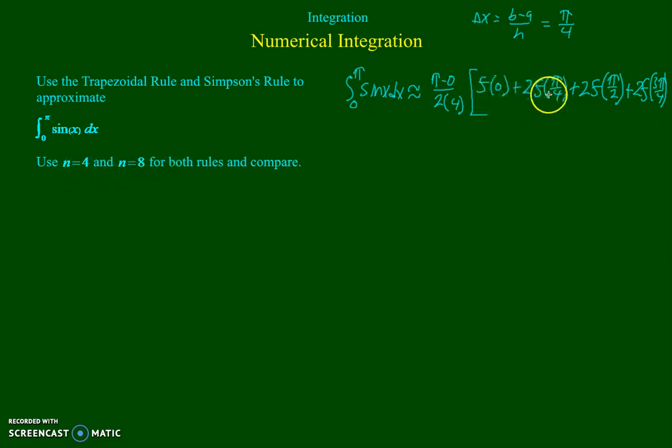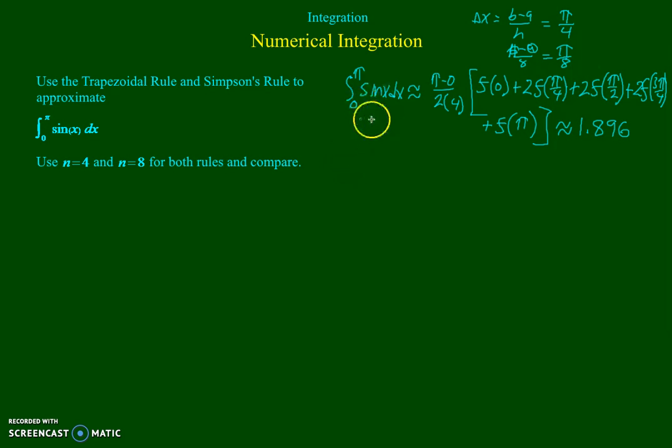So this is 1, 2, 3. We need one more. So the last one isn't going to have this 2 for a coefficient. So it's plus f of pi because we're at the end. And this is the sum that we're going to evaluate. And our approximation when we evaluate in the calculator is going to be 1.896.